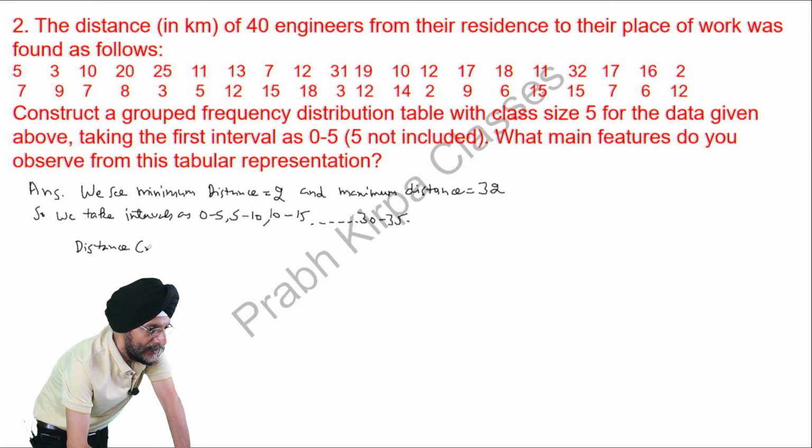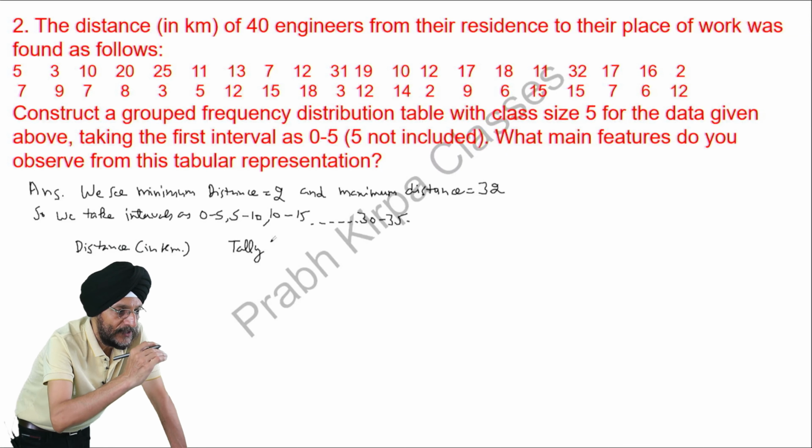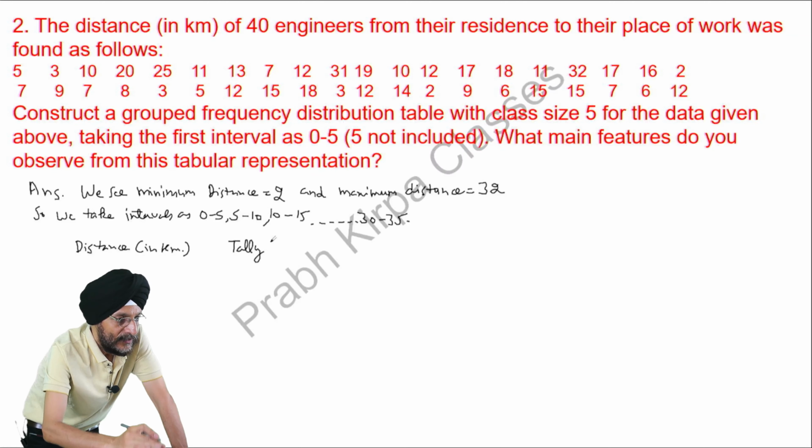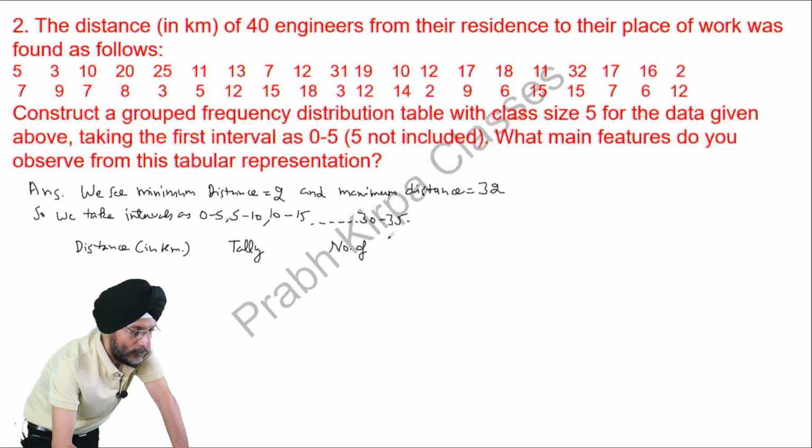distance in kilometers. Now we will also have to count the number of engineers who are traveling the particular distance. So here we will count by tally, and here we will mention the total of engineers which have to cover the particular distance.